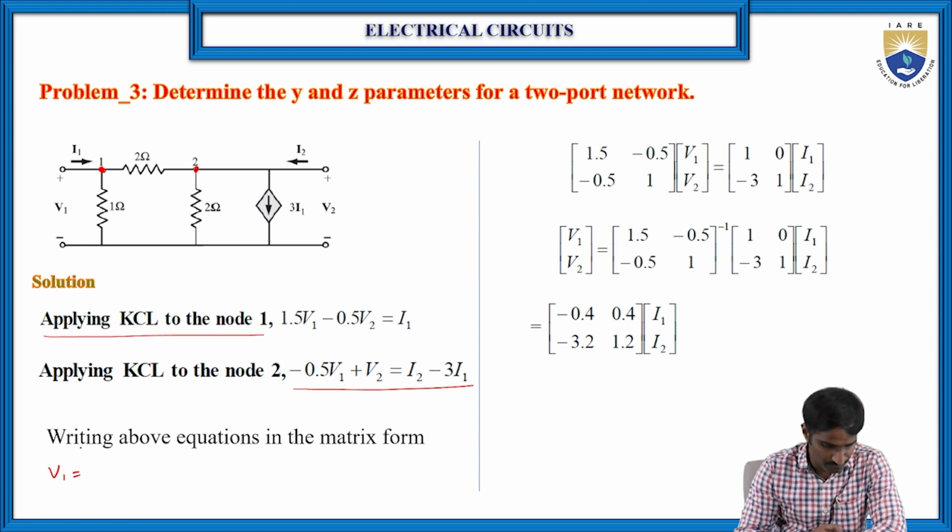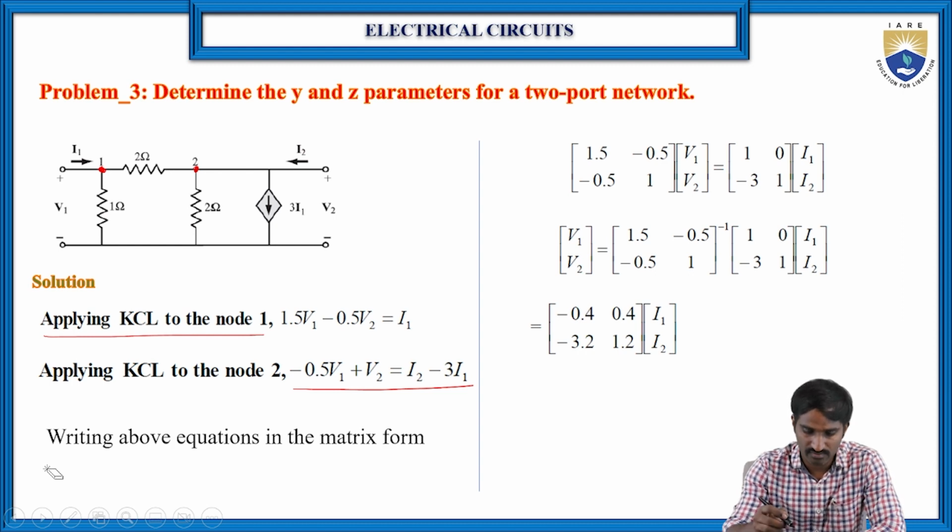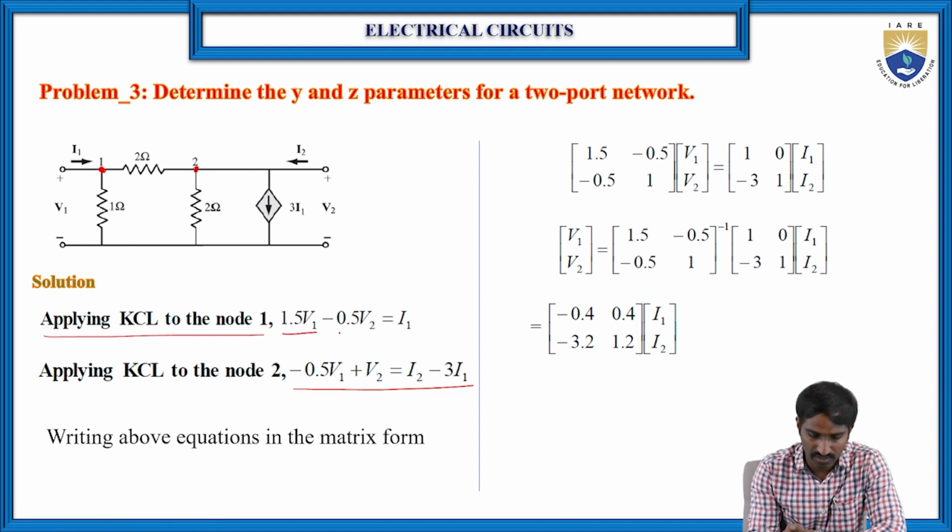So if you write this into matrix form, V1 and V2 appear here and also here, but here I1 is there, and the I2 coefficient is 0. So 0 into I2.